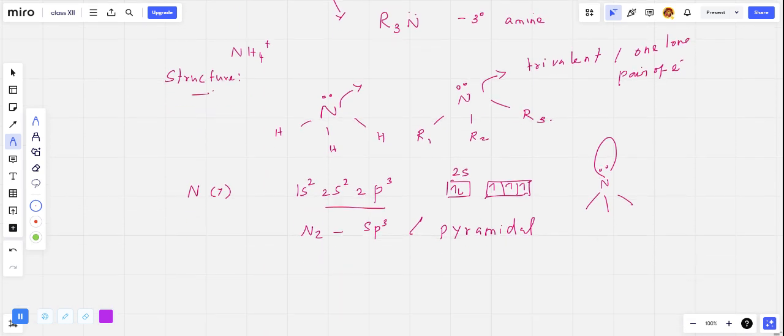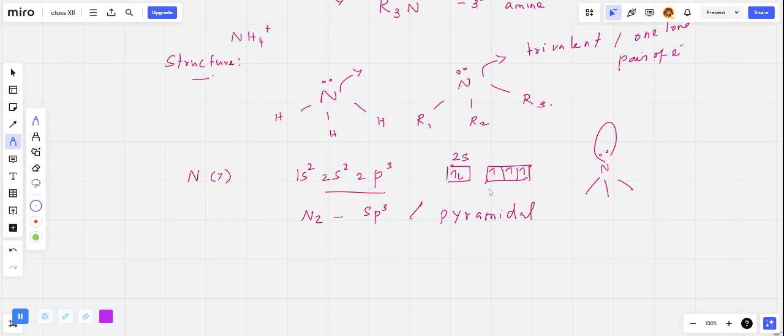Each of the three sp3 hybridized orbitals of nitrogen overlaps with orbitals of hydrogen or carbon, depending on the composition of the amine. It overlaps with hydrogen in ammonia, but with an alkyl group in other amines.